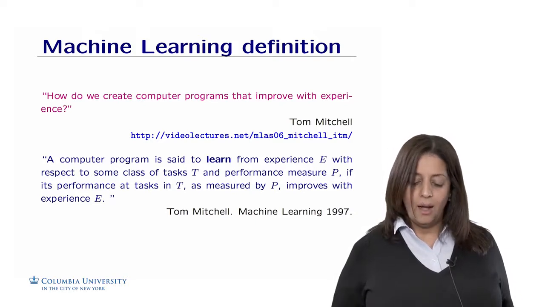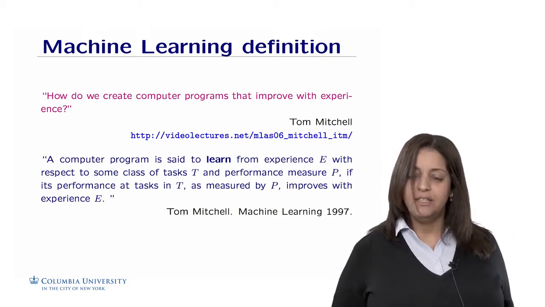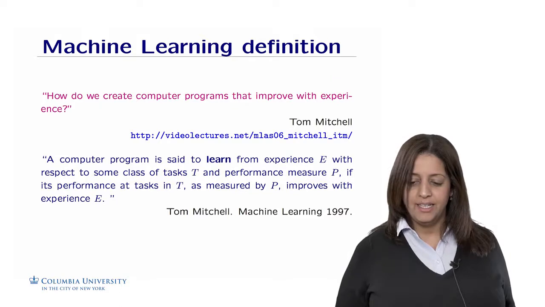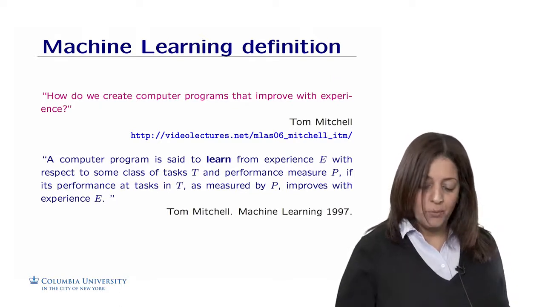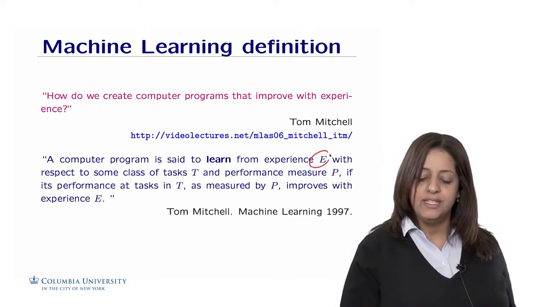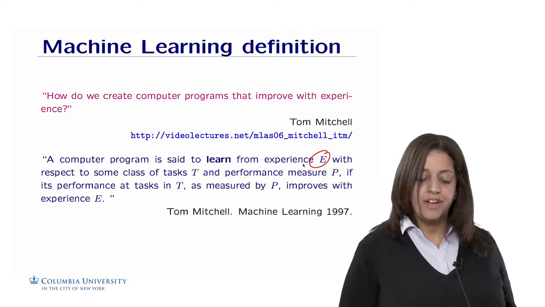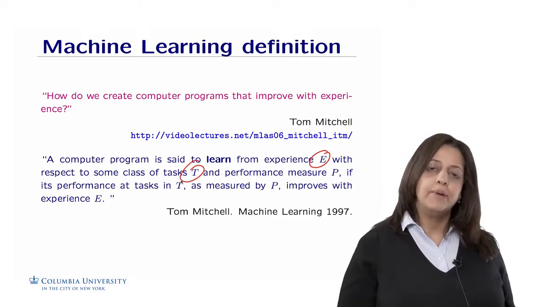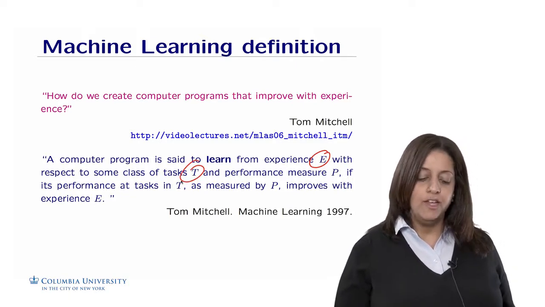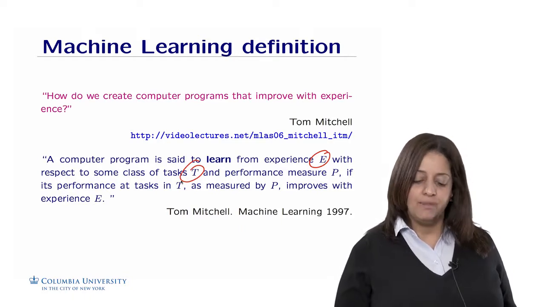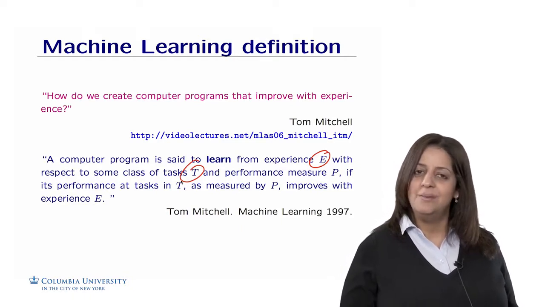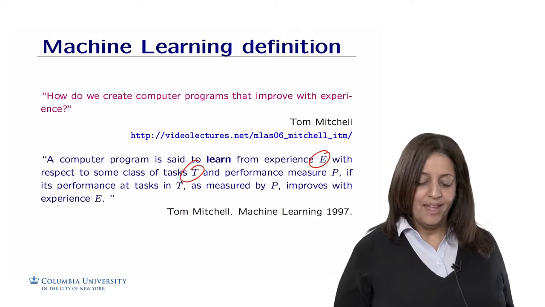Here, Professor Mitchell made it clear what learning is, in the sense that we talk about experience E with respect to some class of tasks T. So we want to solve some problem. We have some task to achieve. For that, we have some experience E, and this experience comes in terms of data.